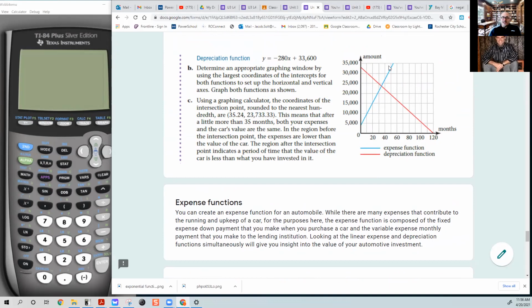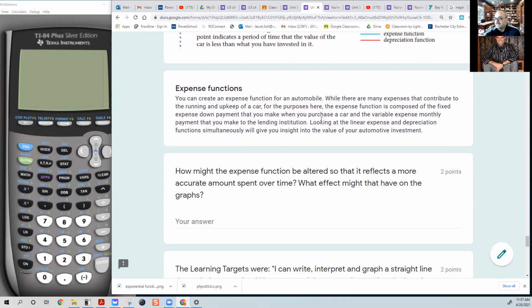What other ways could we make this more accurate? What other expenses do you have with the ownership of a vehicle that could also be included in an expense function? Think about all the different costs associated with owning an automobile. And what effect might additional costs have on the graph?